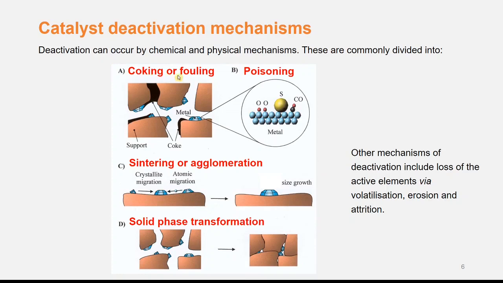Coking or fouling is where material, usually carbon, depicted by the black regions here, is deposited on the internal surfaces of the pores and covers the active sites, the crystals of metallic catalyst. If active sites are covered by coke, then that makes them unreachable by the reactants.